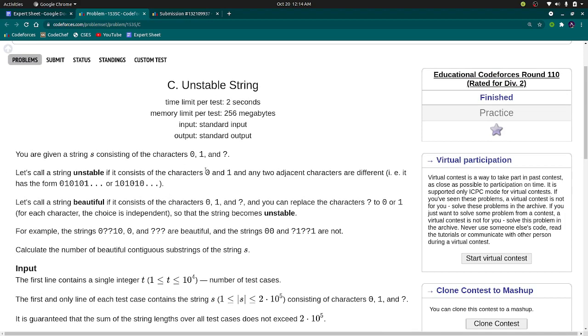We are given a string which consists of question mark, 0 and 1, and we call this string unstable if the characters 1 and 0 are adjacent to each other, meaning 0 1 0 1 or 1 0 1 0.